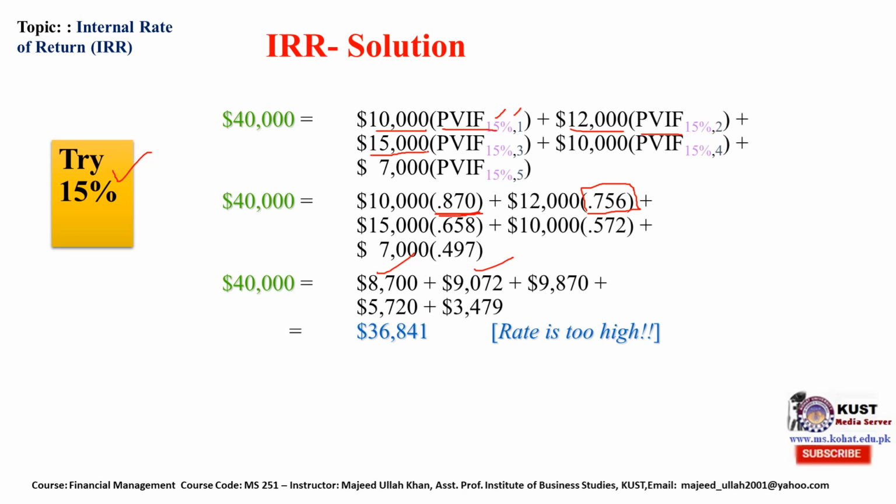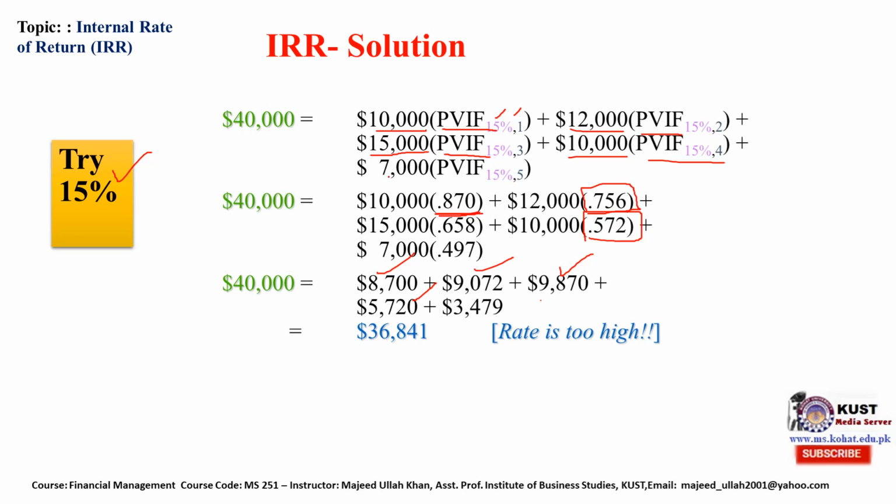15,000 cash flow is for the third year. It will be discounted with the present value interest factor 15% for 3 years, which gave us a factor of 0.658. When we multiplied 15,000 with 0.658, we get the present value as $9,870. This is the cash flow for fourth year, 10,000. It will be discounted with the present value interest factor for 15% for 4 years, which gives the discount factor of 0.572, which is 5,720.